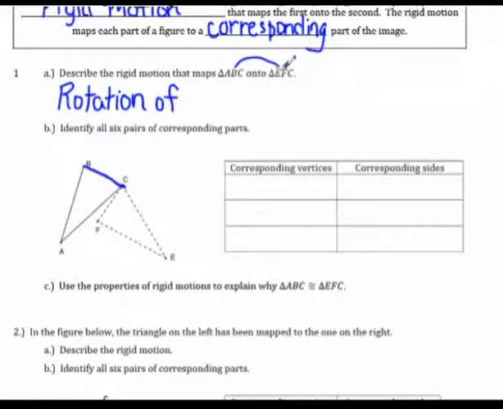B is the middle letter. It maps to F. So if I connect B to the center of rotation and then F to the center of rotation, make sure you're going in a counterclockwise direction. You can see that that angle is 90 degrees. So we have a rotation of 90 degrees about point C.